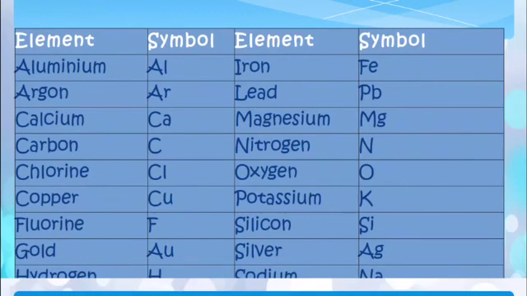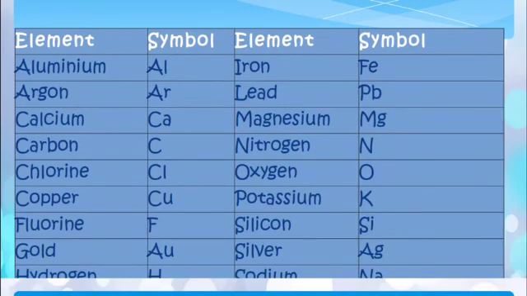Similarly, lead symbol is Pb. From where has it come? It has come from its Latin name plumbum. So it is the first letter P and B is from in between the Latin name.